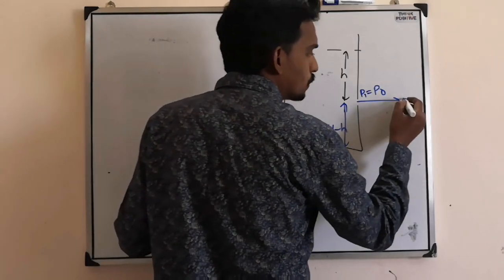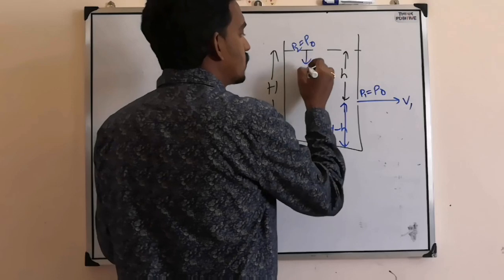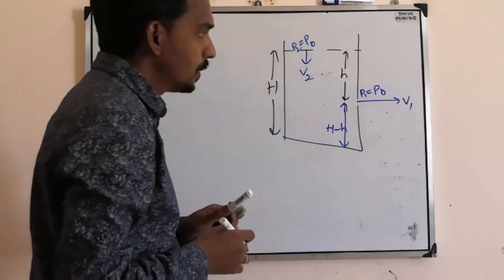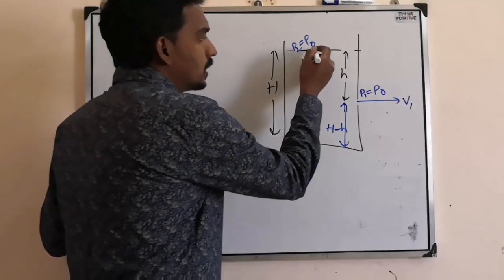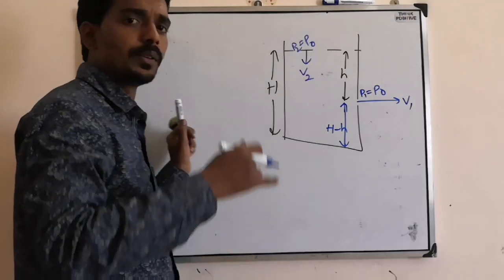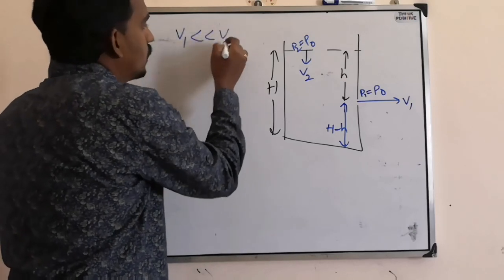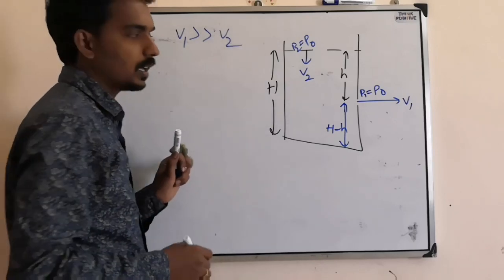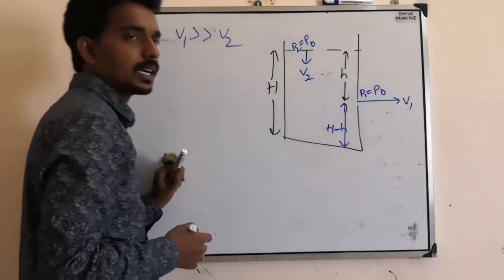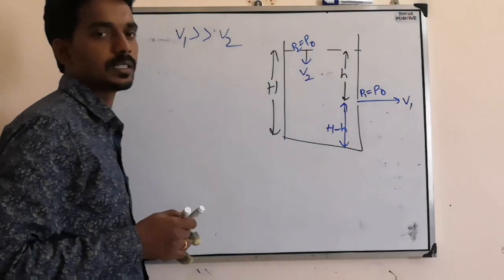Now here the speed is V1, here speed is V2. But they mention one thing, that this level will reduce with very less speed. That means compared to V1, V2 is very small. So V1 is very much higher compared to V2. That's why we neglect V2 in this term.